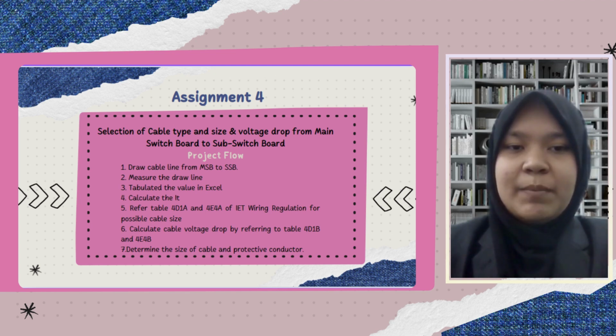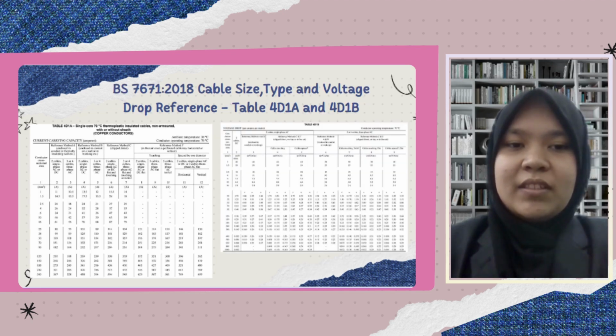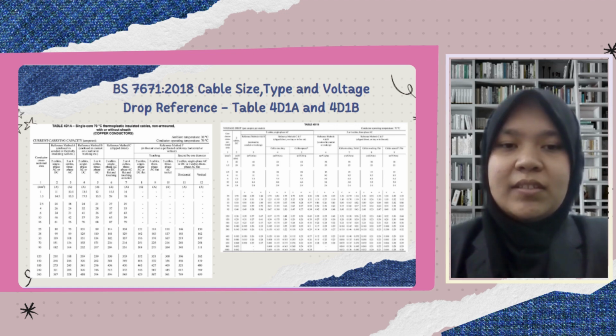The IT value was calculated, then possible cable sizes were determined by referring to table 4D1A and 4E4A. The cable voltage drop is calculated by referring to table 4E4B. The size of protective conductors is determined based on MS IEC 60364-5-54.